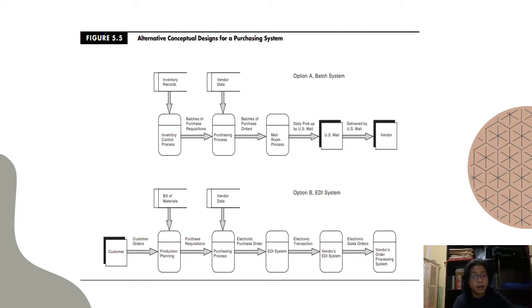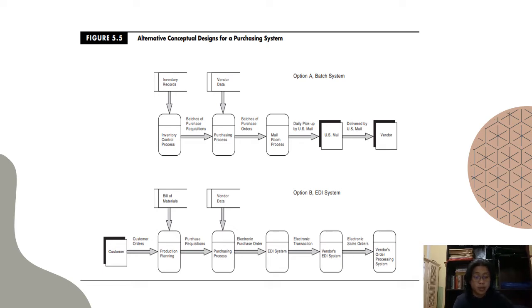On one hand, a negative aspect of option A is that it requires the firm to carry inventories. On the other hand, option B may allow the firm to reduce or even eliminate inventories. This benefit comes at the cost of more expensive and sophisticated system resources.